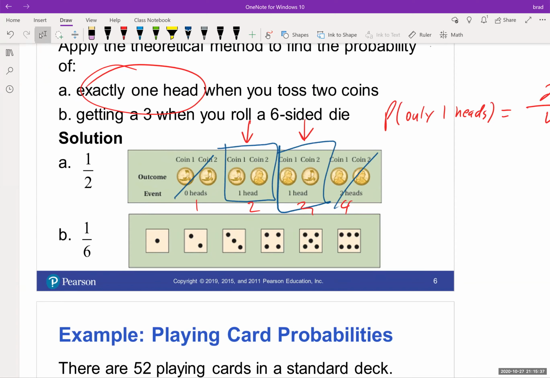Okay, so we have this next one here, and again, they tell you that we get 1/2. Now this next one says getting a 3 when you roll a 6-sided die. Well, how many ways can you get 3? Just that one way.